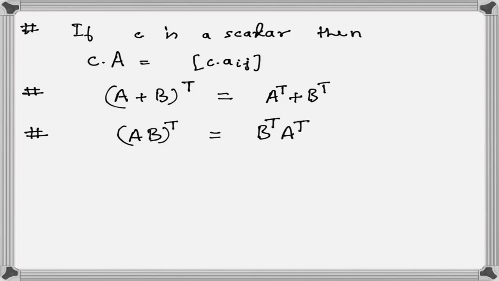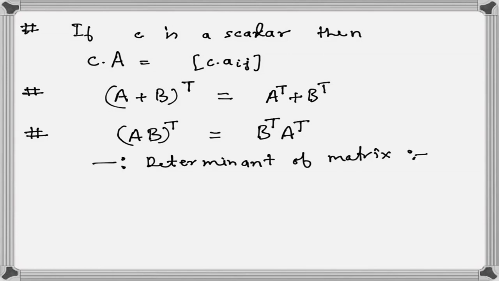Okay, so let's define another notion which is called the determinant of a matrix. The determinant of a matrix is a scalar quantity and it is defined for a square matrix.